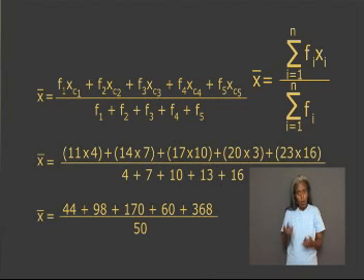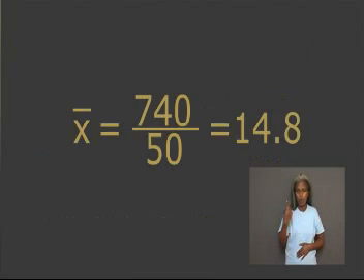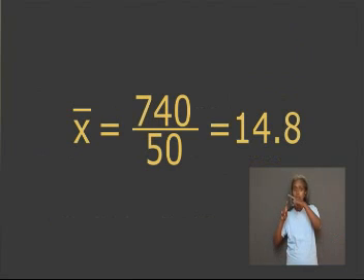Now we substitute the correct values. We have found our answer. X bar equals 740 over 50, or 14.8. Was that your answer too? If so, well done.